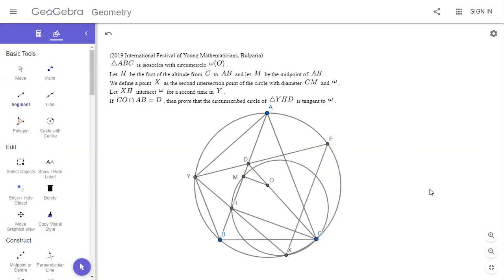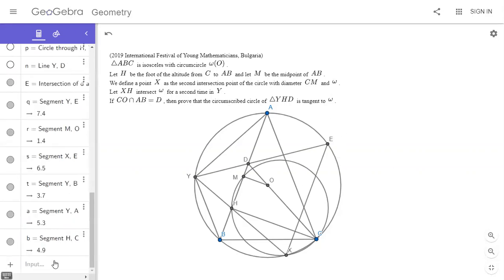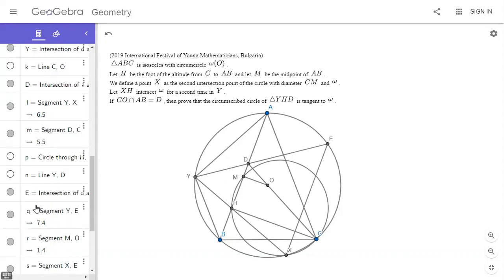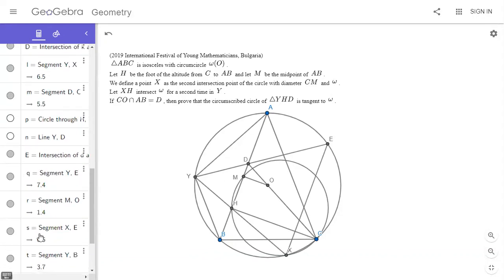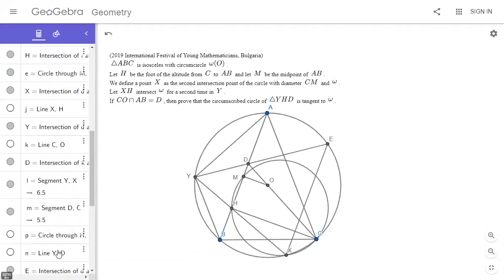We have a circle passing through H and M. Let's see what the center of that circle is. Not that circle. Center, I think circle E.